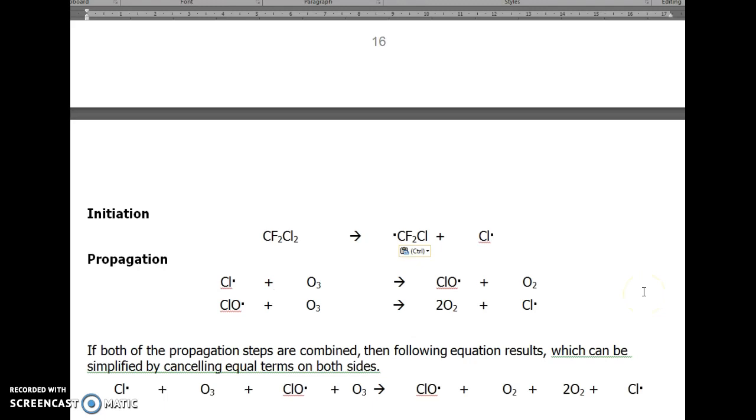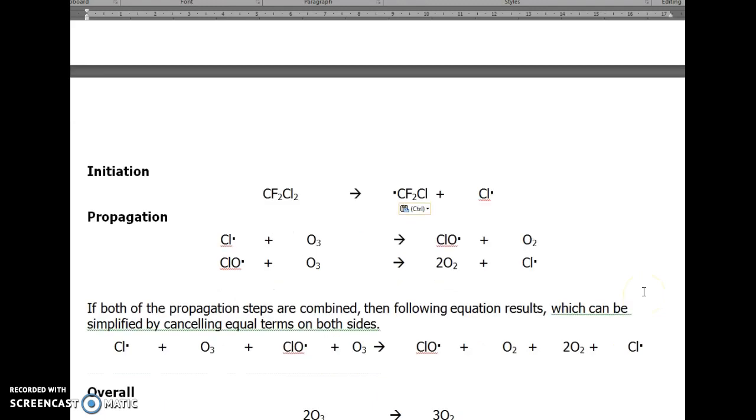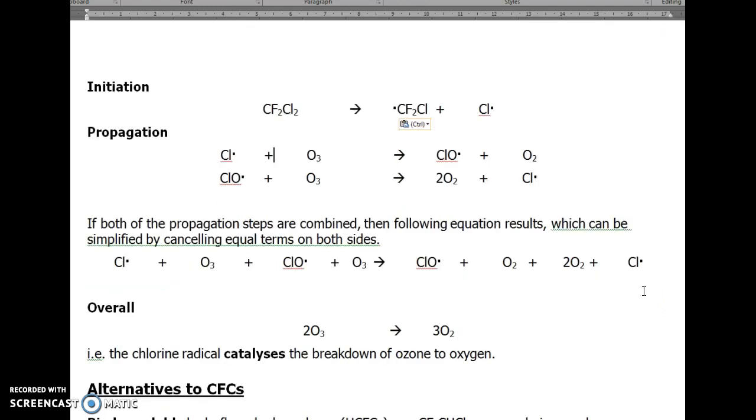Okay, now if we look at these two reactions being combined, and you can do this for any sequence of reactions which are related, if you add them together and then cancel down what's on both sides of the equation, so there's a chlorine radical on the left hand side, there's a chlorine radical on the right hand side, so we could get rid of them.